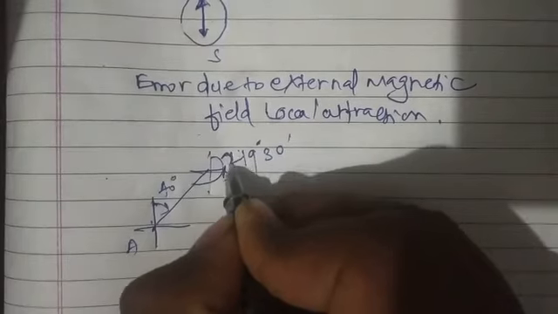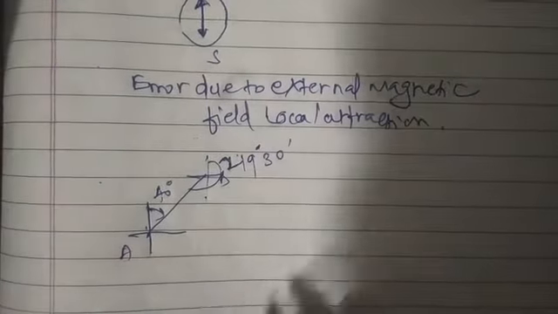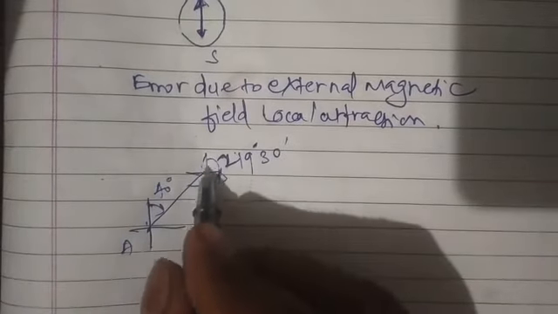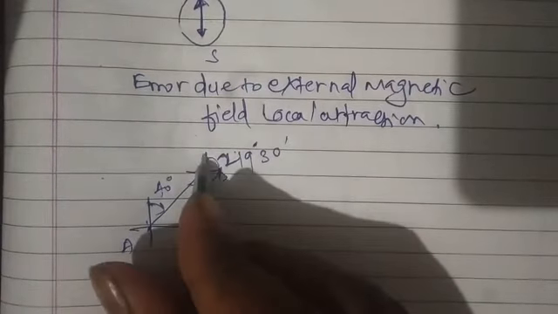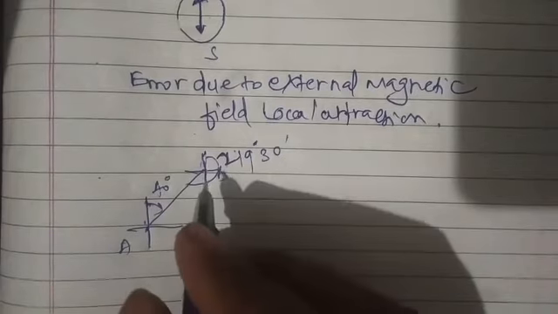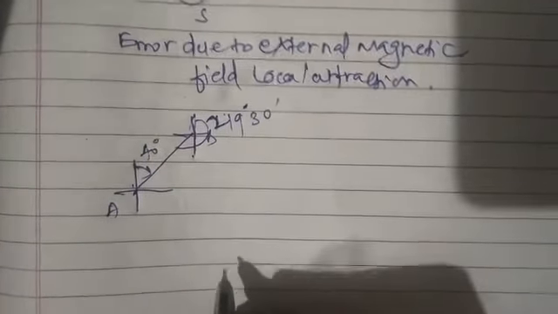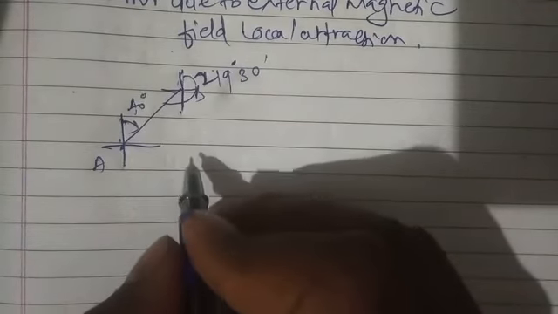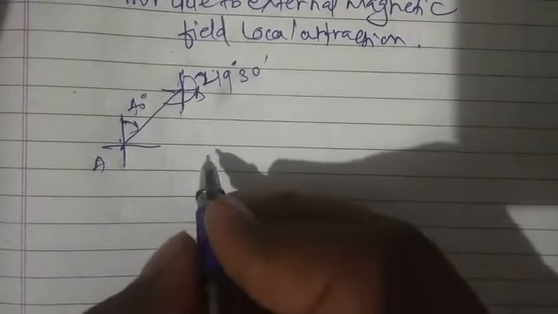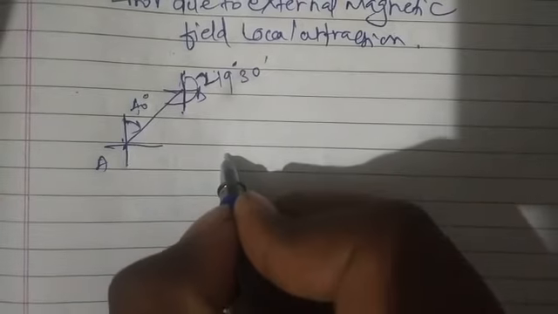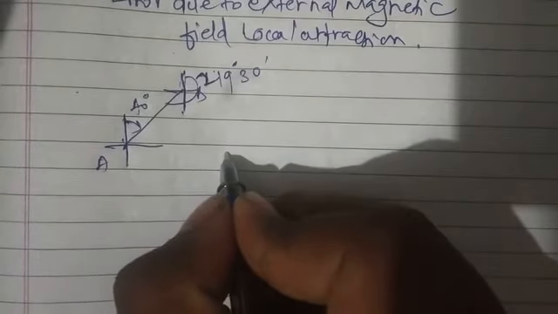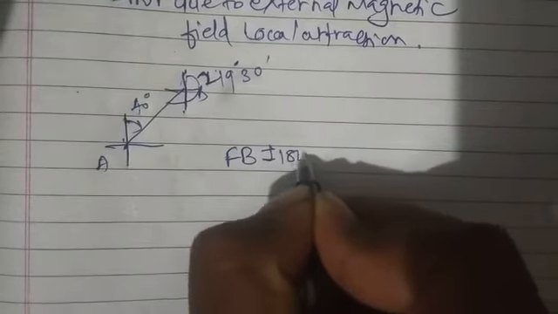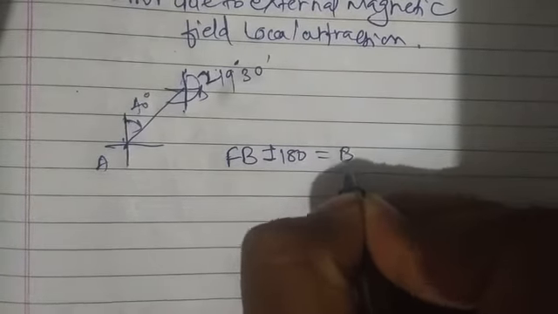Now how will you find out that this line has error due to local attraction? We will use the basic relation between fore bearing and back bearing. We know that fore bearing plus or minus 180 should be equal to back bearing.